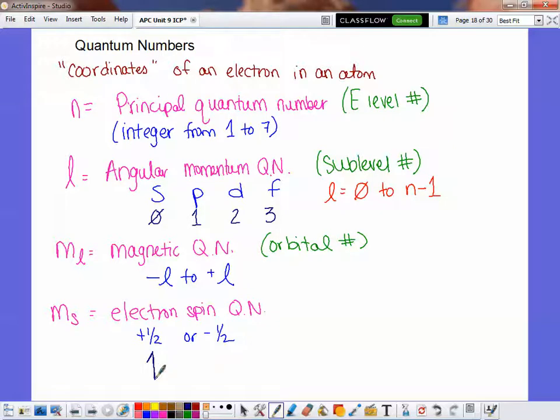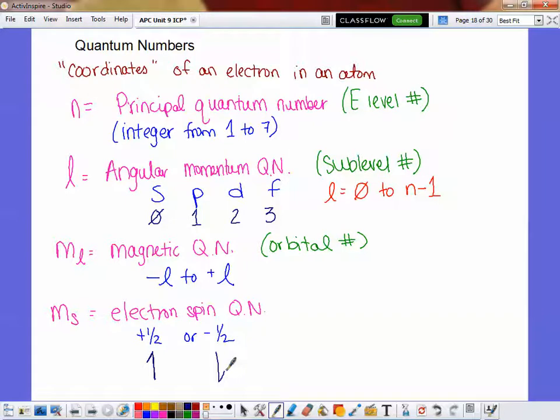And then negative 1/2 is down. It'll make more sense once we do an example. For right now, just write down those definitions, and then we're going to do some practice problems. Are you guys ready to move on to the next page?